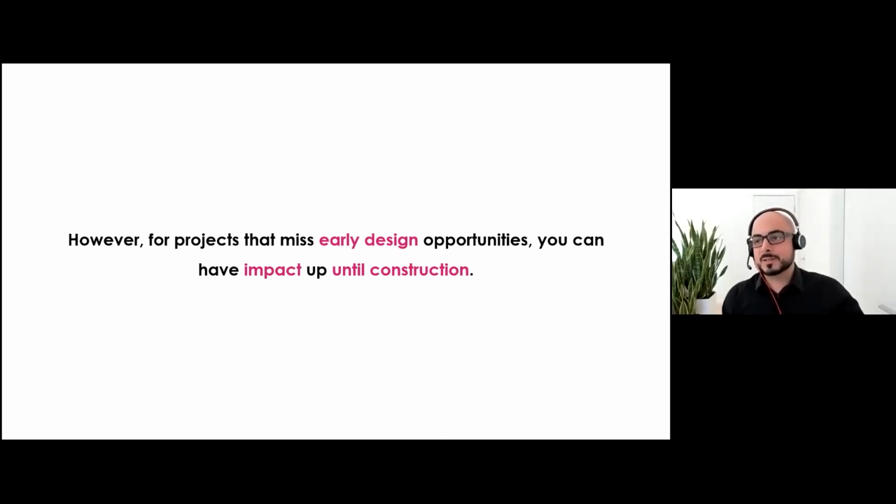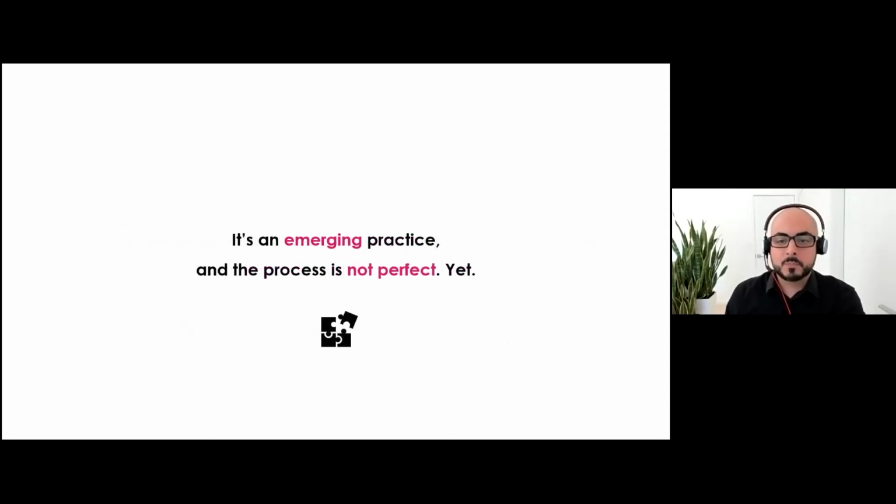So try to start early, but if you haven't, still look into it. And then the process in general with whole building LCAs is not very perfect right now. It's emerging. As you get deeper into the data, you see gaps, you see how different resources might show different numbers, or how your LCA accounting might be a little different, but we just need to do more of it to make it better over time.